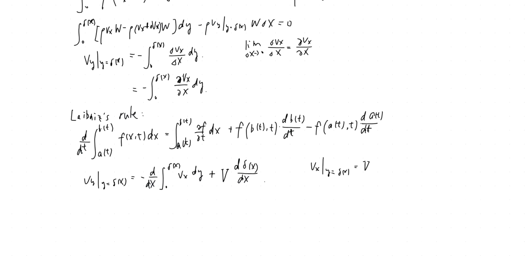Okay, so now let's see what we get. We get an expression for Vy on the top surface. This is from mass balance. So you may wonder, okay, what are we going to do with it? We have Vx, we have Vy. We solved it on the top, but it is expressed in terms of Vx and delta.